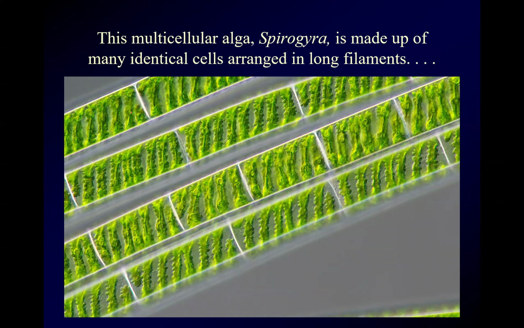So that would be a multicellular protist. Incidentally, the spiral things that you see inside each cell are a type of organelle called the chloroplast, which is where photosynthesis takes place. And in this species, it happens to be spirally shaped, which is why this is in the genus Spirogyra.